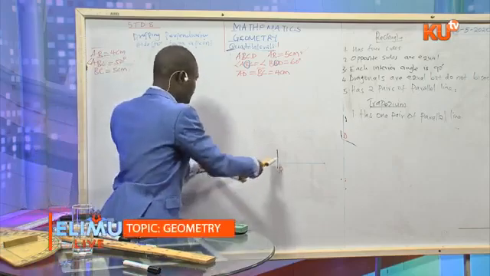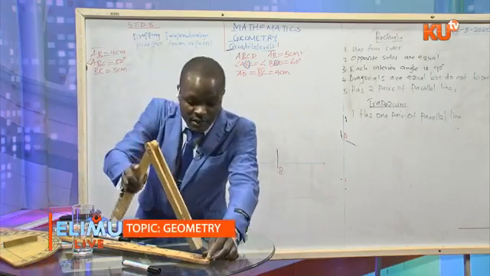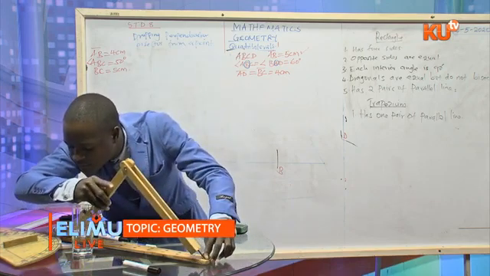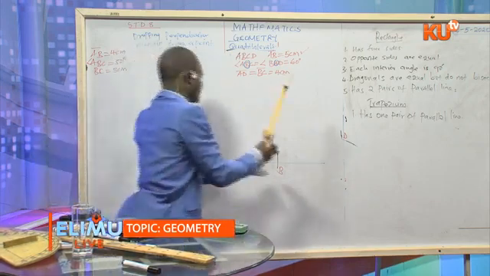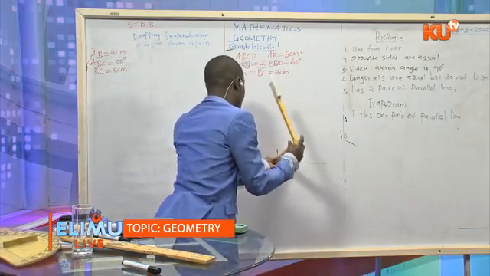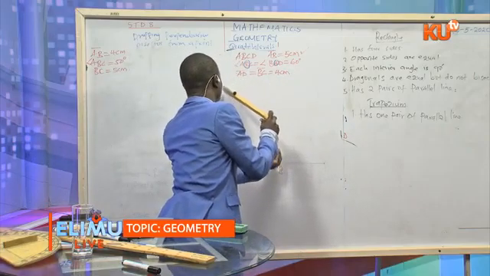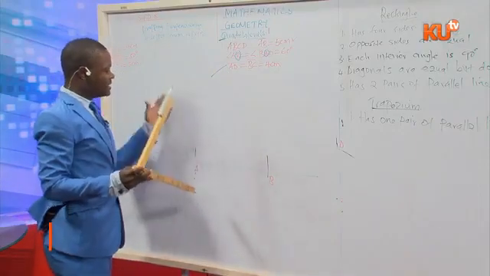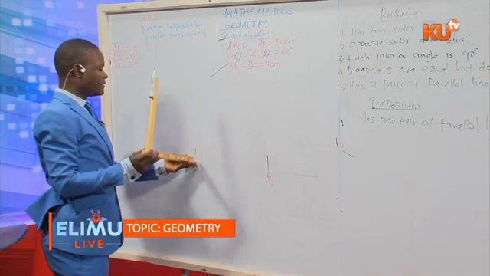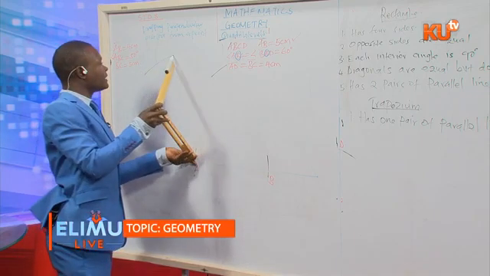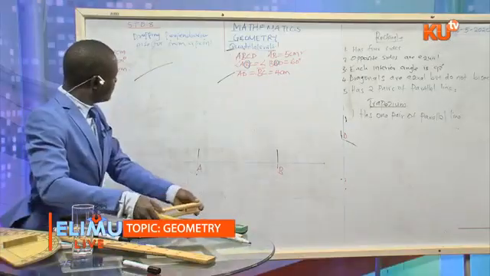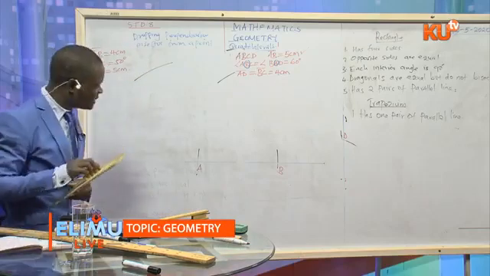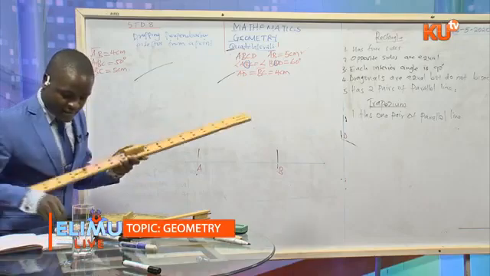I'll put the ruler here, the compass here, I measure 5 centimeters there. So I put it above the dot. So this is 5. Remember, this line BC and line AD are parallel, so you can also put the arc there. That is 5, 5.